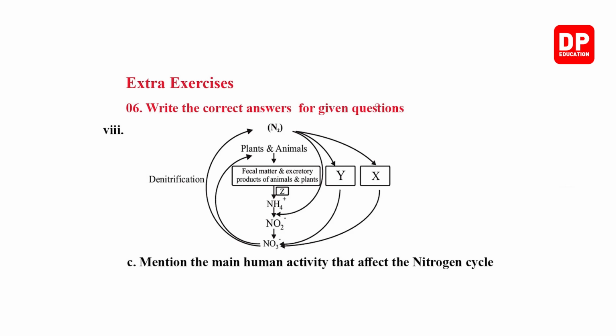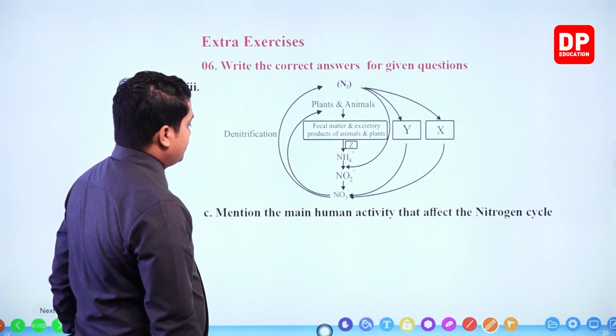Mention the main human activity that affects the nitrogen cycle. Main human activity that affects the nitrogen cycle. Very simple, my dear children.